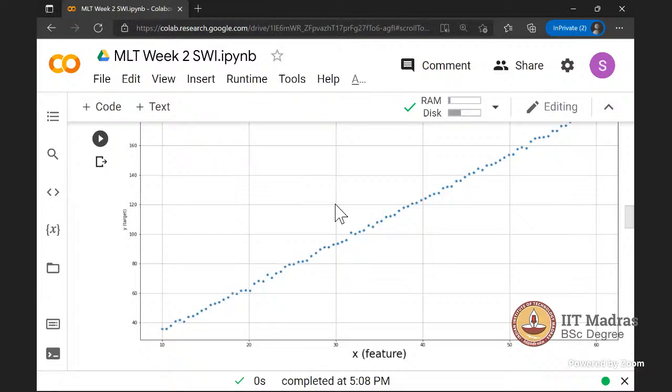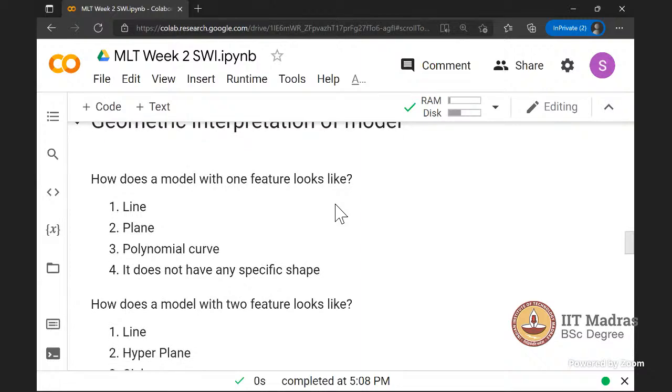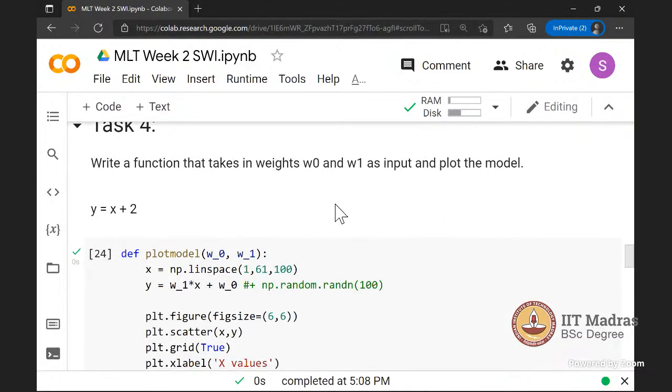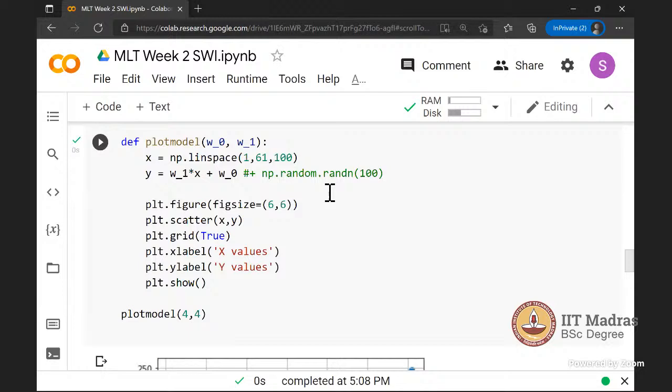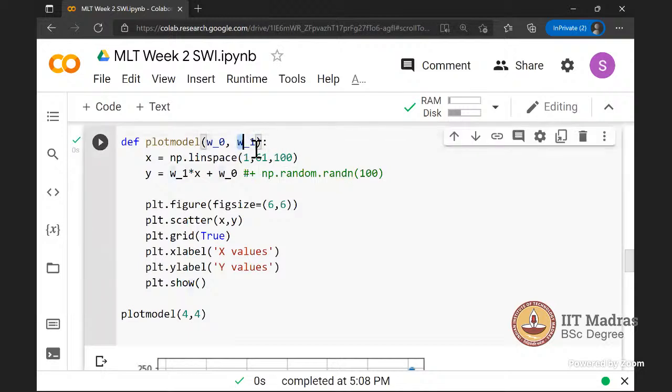Therefore, our model comes out to be mx plus c, right? Yes. So to make sure that we take care of the intercept, we add this, but we have to train our model on the data also. So we add this dummy feature and say that its weight is W0.